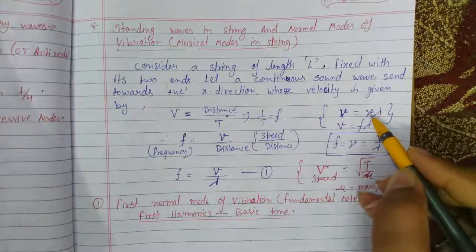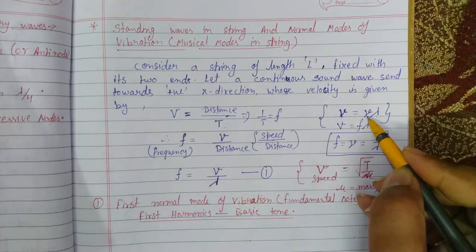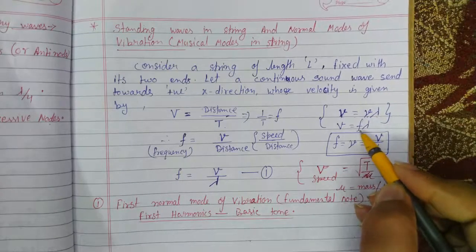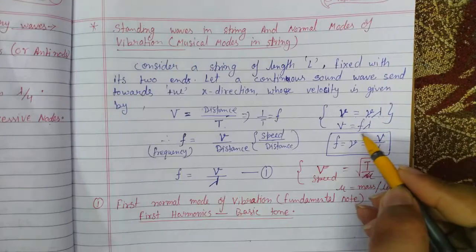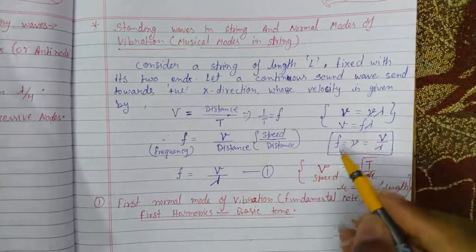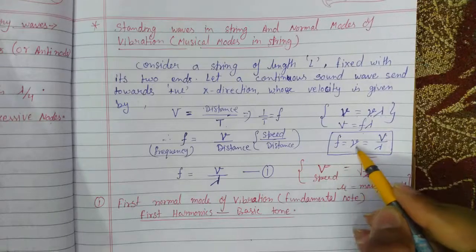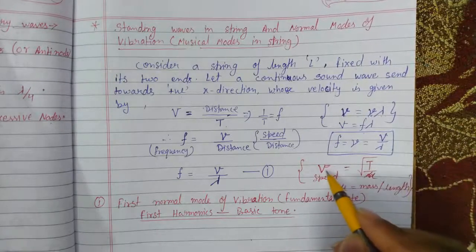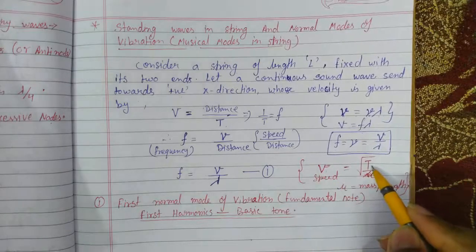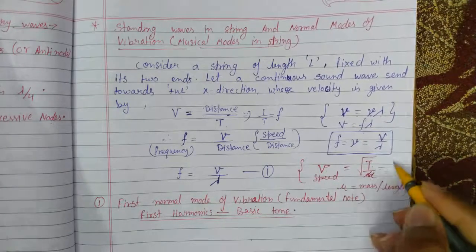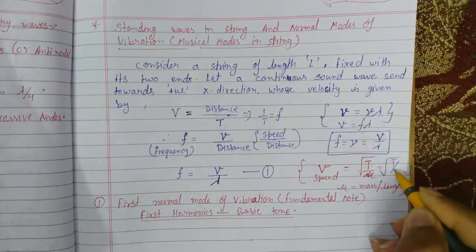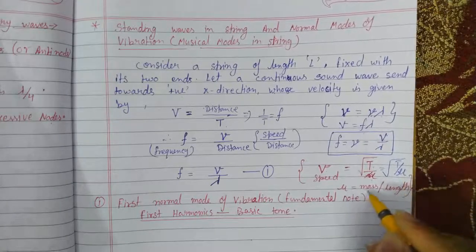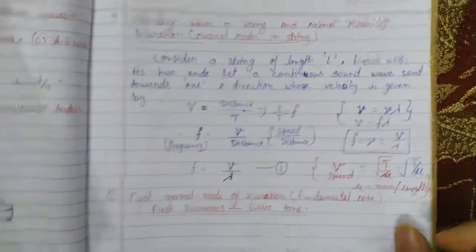We can define frequency by this letter nu, or by f. Therefore the frequency is equal to speed upon wavelength. Now the speed by Newton's formula is given by square root of T upon mu, where mu is mass per unit length.